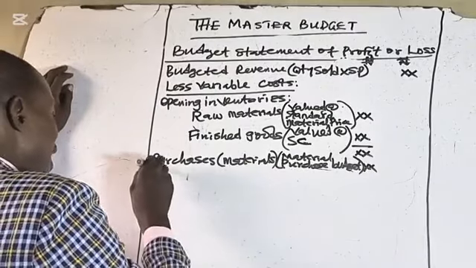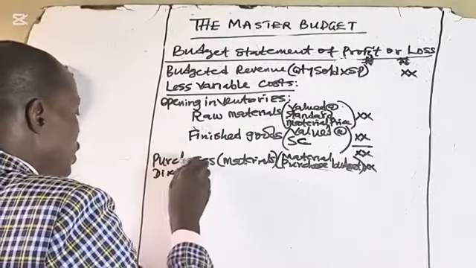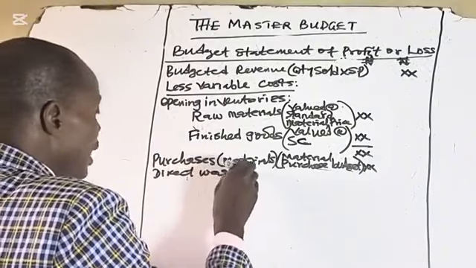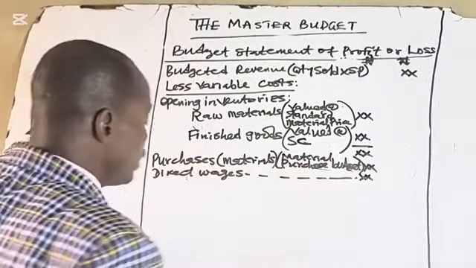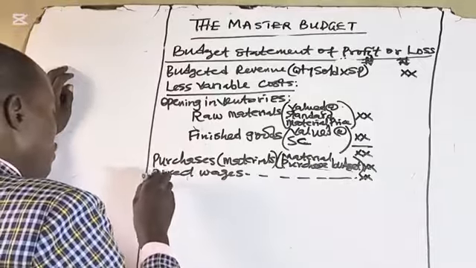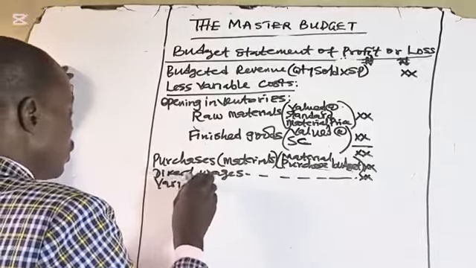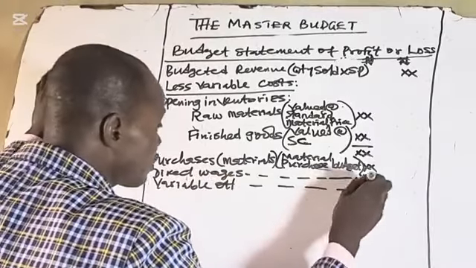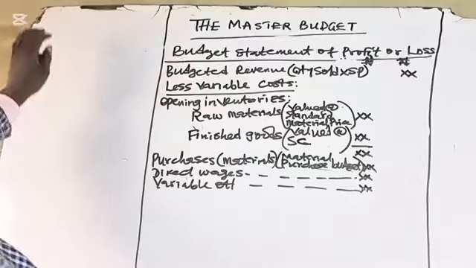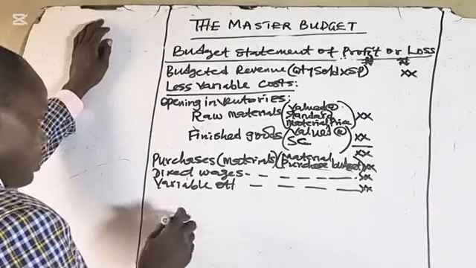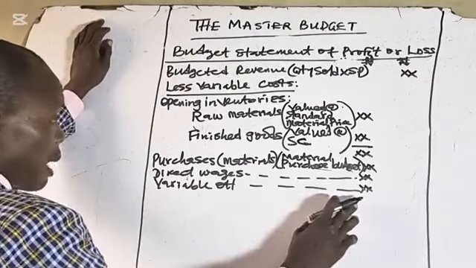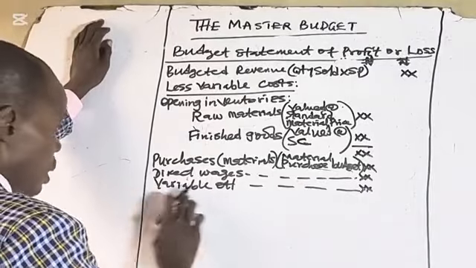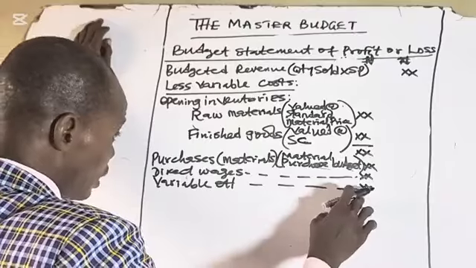Then if you have direct labor or direct wages, you add direct labor or direct wages. Then variable overheads. And if you are using standard absorption costing, your fixed overheads will be absorbed into it. You may have fixed overheads if you are using absorption costing.